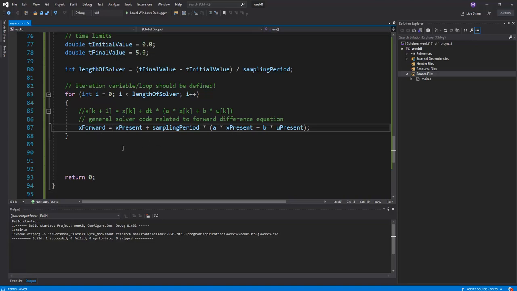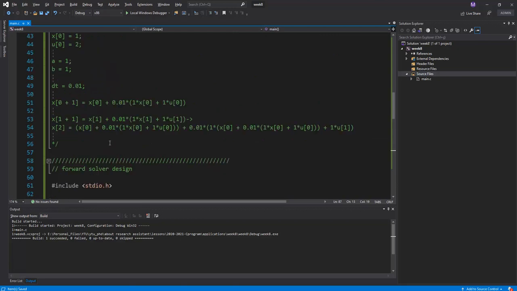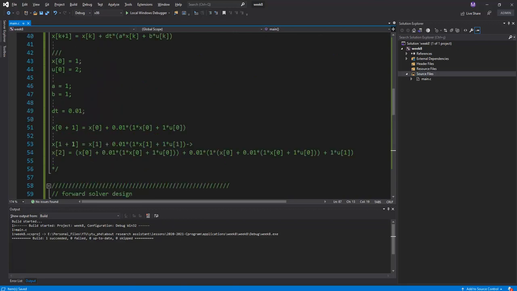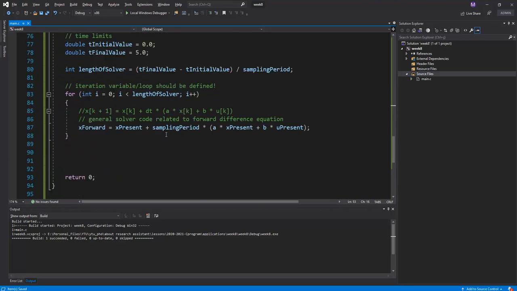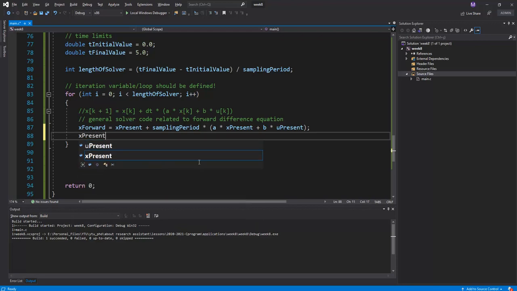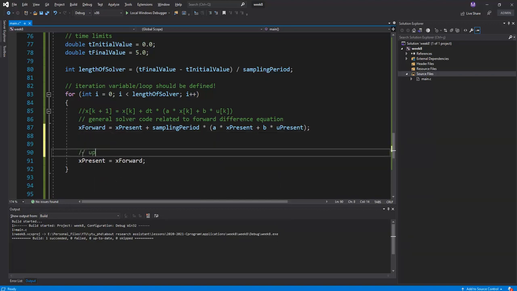The main problem is that in each iteration the index of x is increased, and so in the next iteration we should use the x1 value. Okay, x1 is equal to what? It is equal to the x present, which is equal to the x forward in this notation, because we need to update the variable or system variable in here.